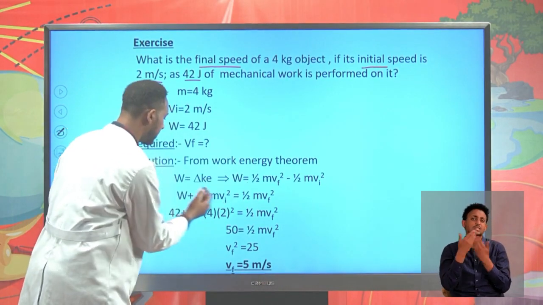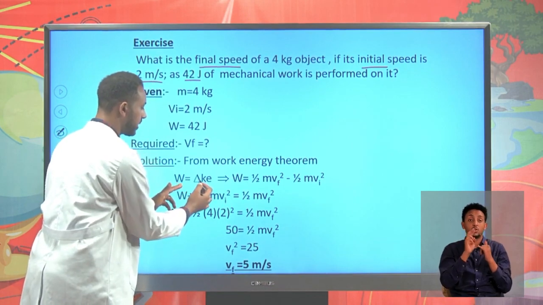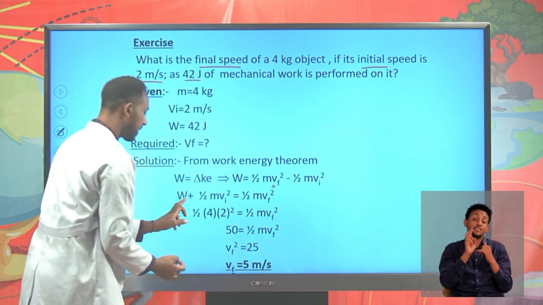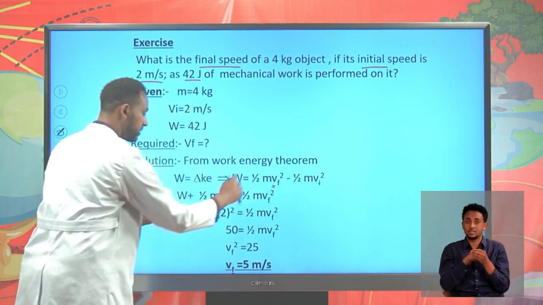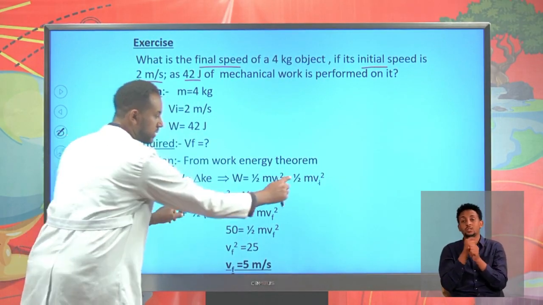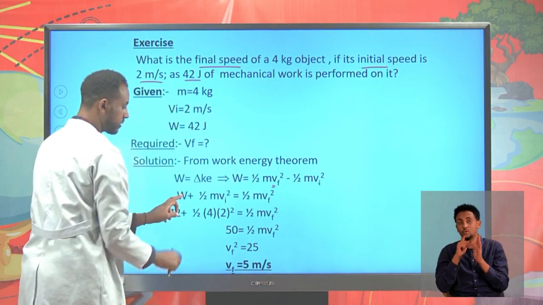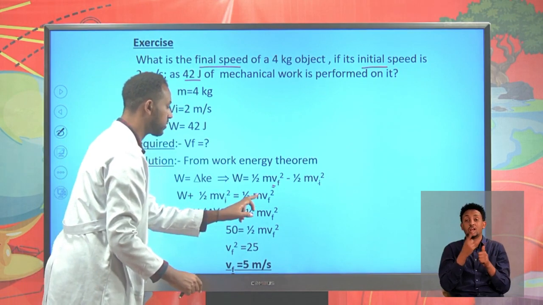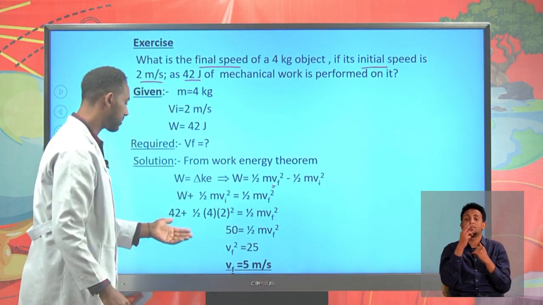Therefore, to find the final velocity, the Work-Energy Theorem states that work is equal to the change of kinetic energy. When you shift this term to the work side, it becomes positive. Work plus 1/2 m initial velocity squared gives us 1/2 m v final squared.